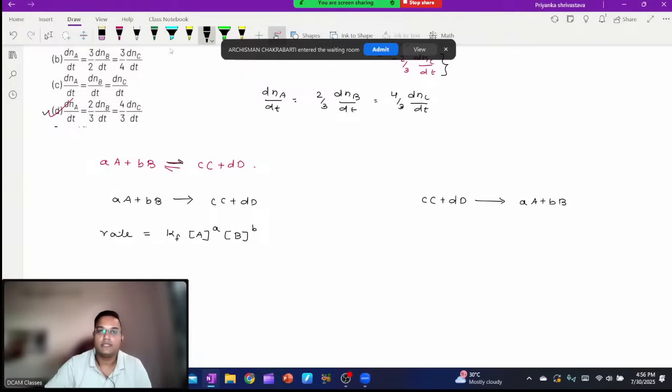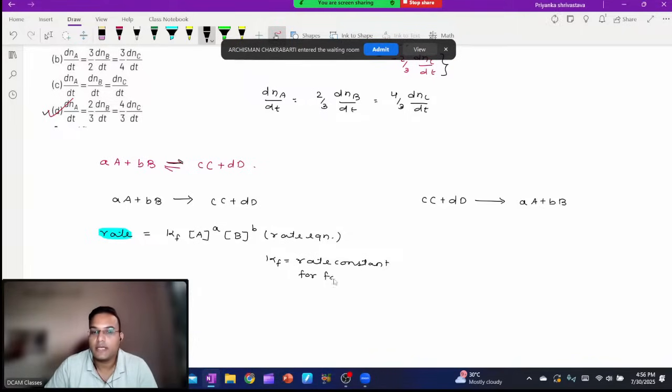You calculate rate using the above one. But when they are asking about the rate equation of forward reaction, you just have to put Kf, the rate constant for forward reaction.